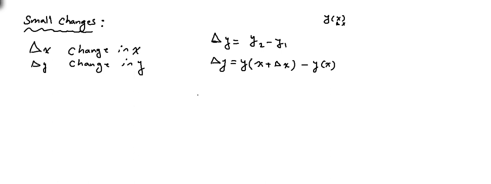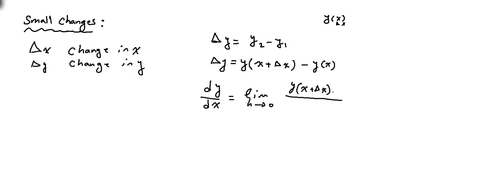And the derivative, we know, is dy divided by dx, and that will be equal to the limit as h tends to 0 of y of the second value, which is x plus delta x, minus y of x, over delta x.